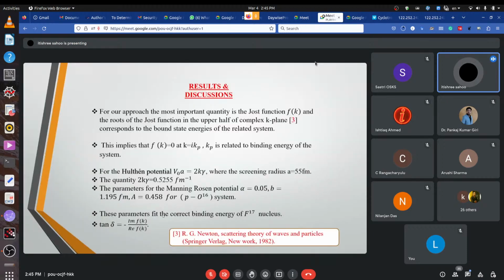In the results, we will find that in our approach the Jost function is the most important quantity, because from the Jost function we can calculate the bound state and the scattering phase shift as well.